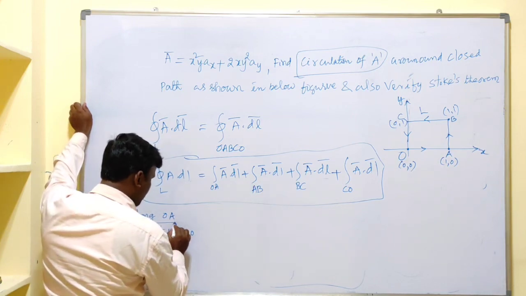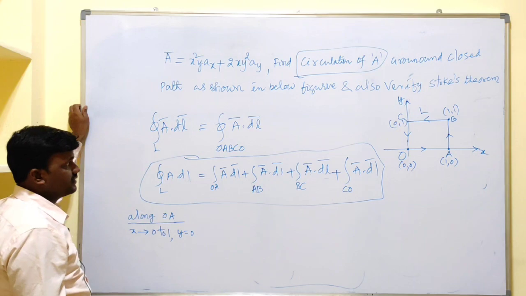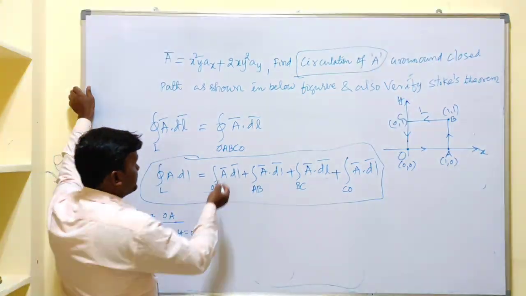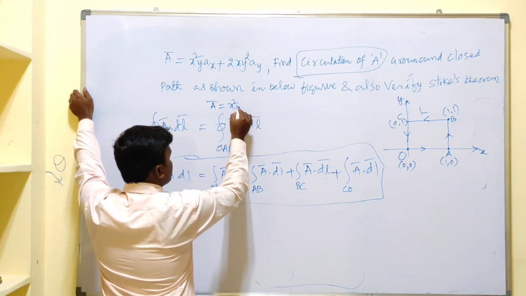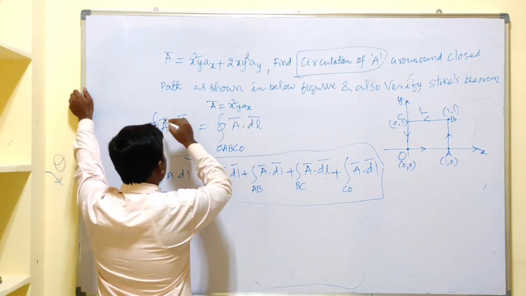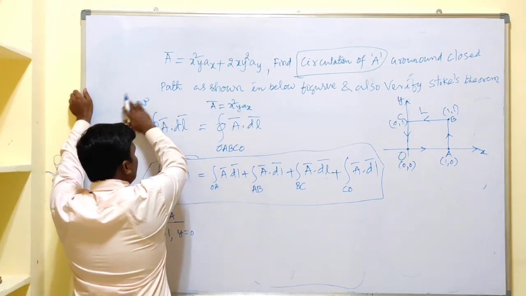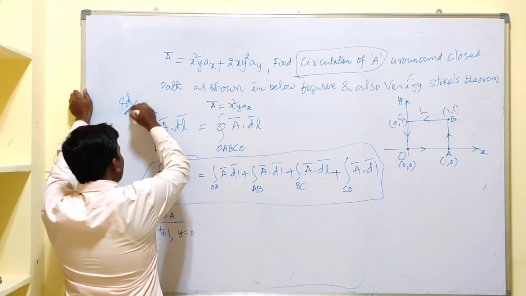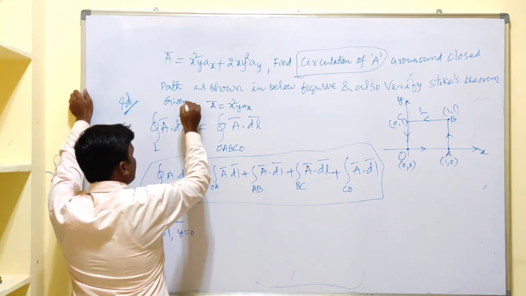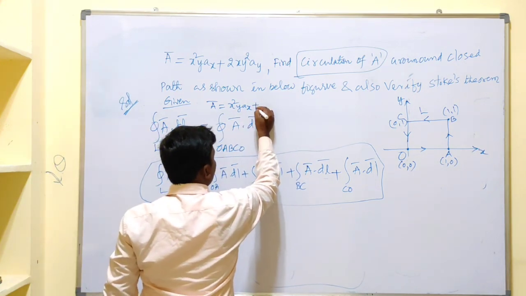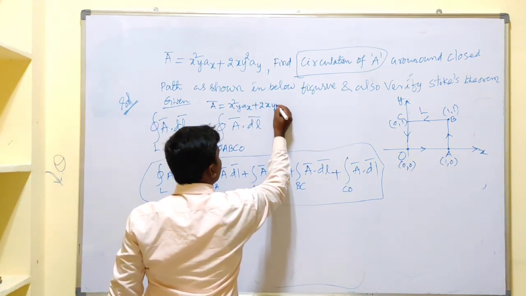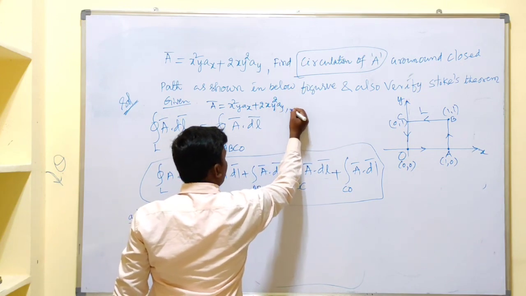Also write the given A bar, which is x square y ax plus 2x y square ay. This is the given data for the question, and dl bar is what?